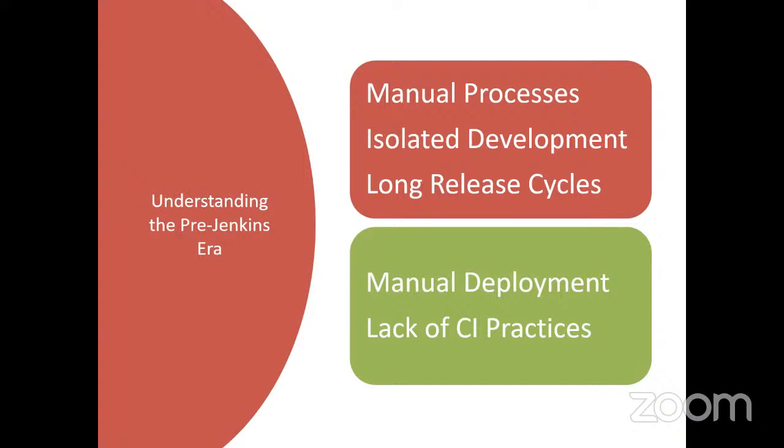Because of the lack of CI practices, the release will be delayed and productivity will decrease. So the company's reputation suffers, the deployment process will not fulfill the client's requirements, and they have to suffer during these things. This was taking time for the deployment as well. So this was the pre-Jenkins era, where the process was followed by manually deploying things.